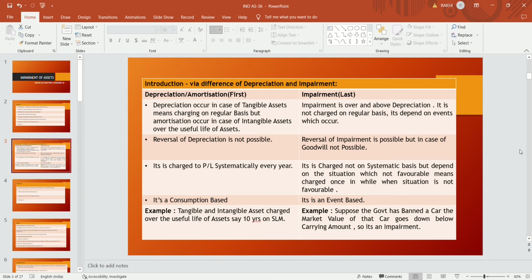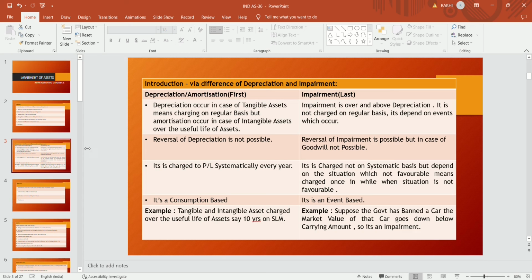Depreciation is charged on that basis, but impairment is on an event basis. Some situation arises, suddenly the value of the asset goes down, and then you need to impair that asset. Impairment totally depends on the situation, but depreciation depends on the consumption.